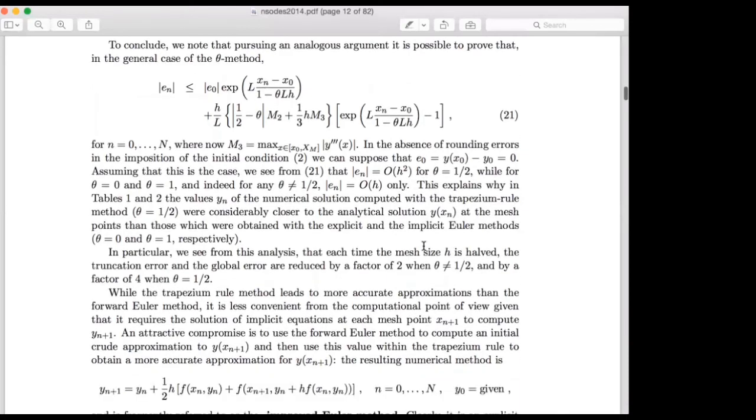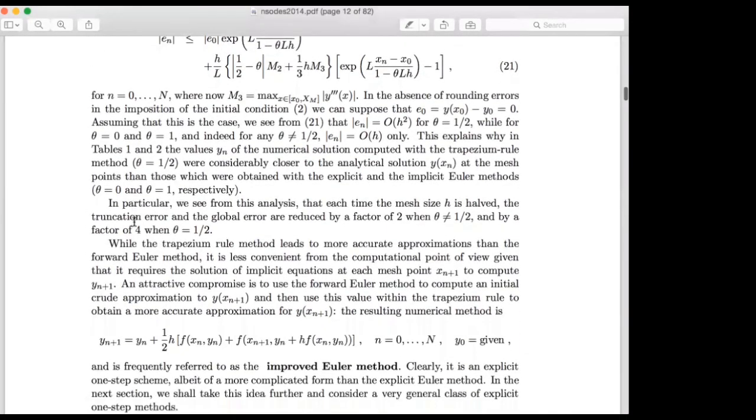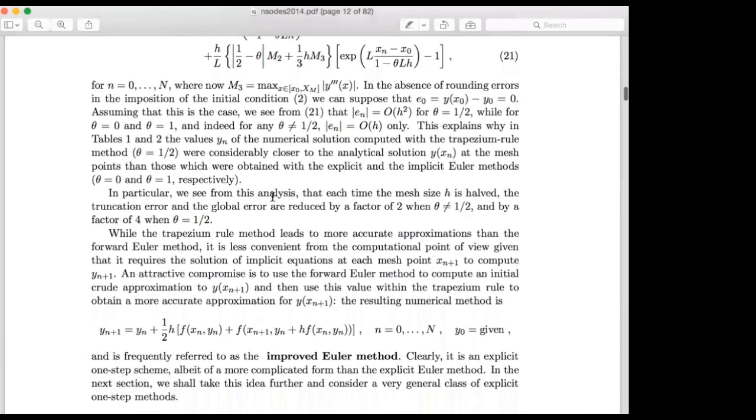Am I right? What would happen basically, when we see from this analysis that each time the mesh size h is halved, then the truncation error and the global error are reduced by a factor of 2 in the case when θ is not equal to 1 by 2, and by a factor of 4 when θ is equal to 1 by 2.